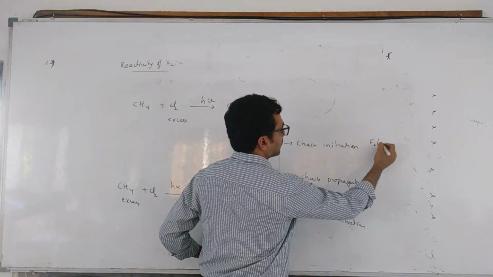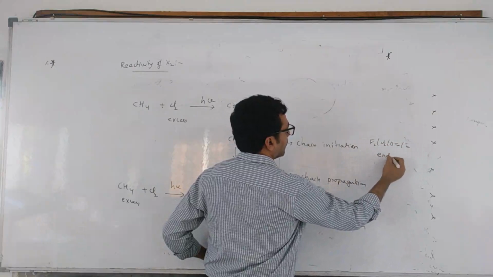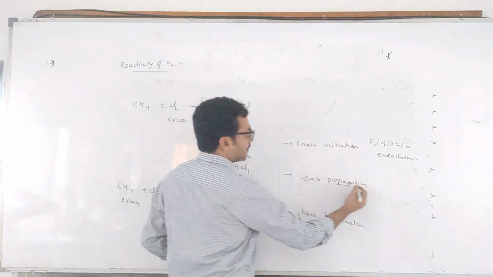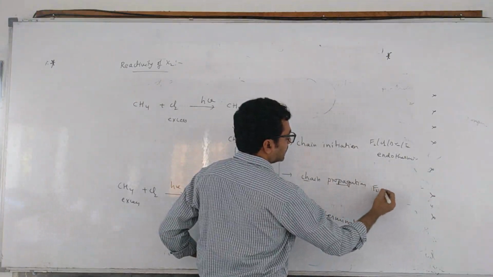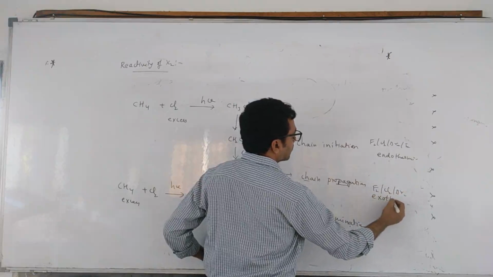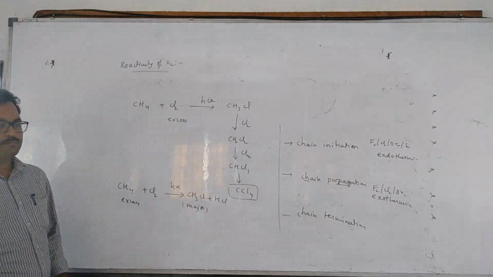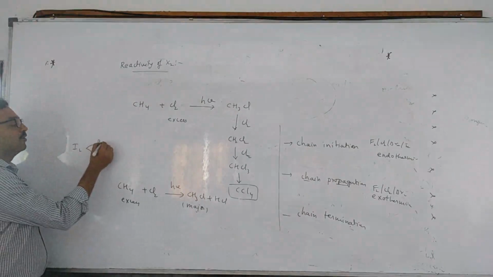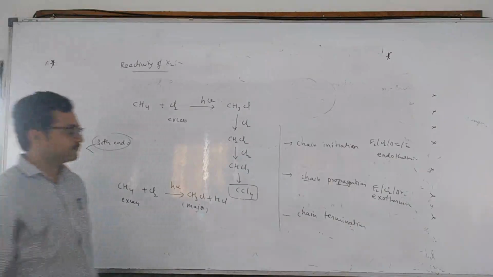Means chlorination, bromination, iodination, all are endothermic. Remember. Whereas in the chain propagation step, only chlorination and bromination are exothermic, but iodination is endothermic. So in the iodination reaction, both steps are endothermic. Remember, iodination, both are endothermic.